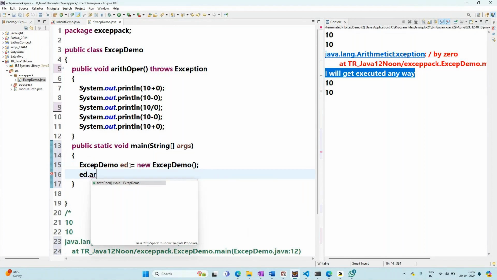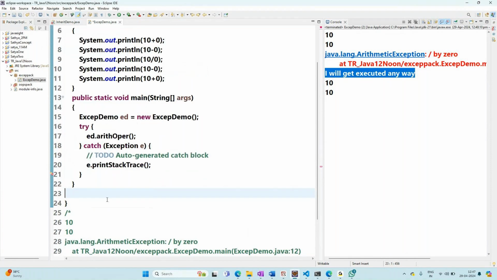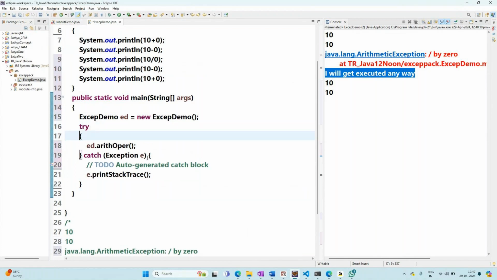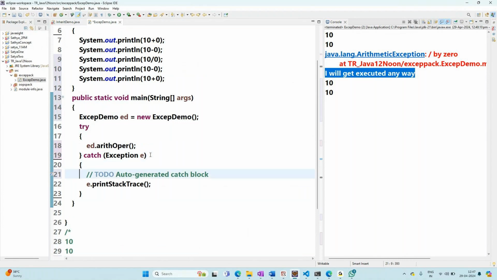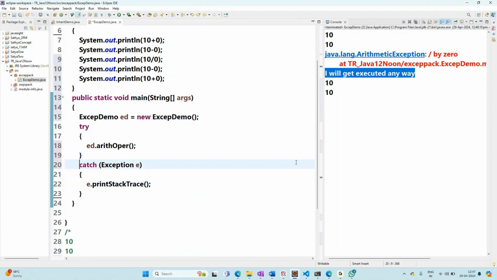Now if you observe here, it is saying unhandled exception, you can surround with try and catch. So it is giving you a suggestion.